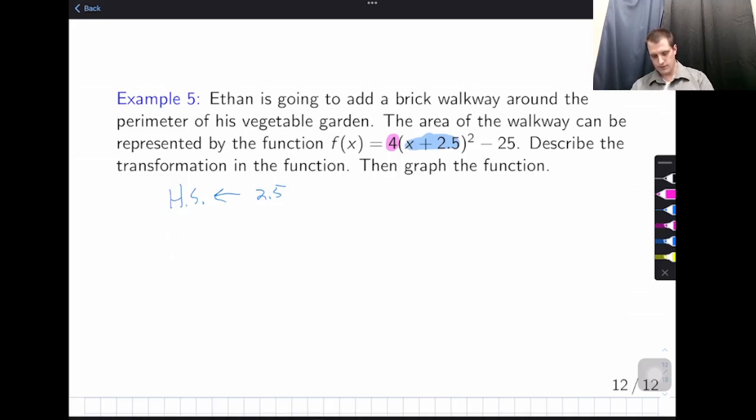This one I'm actually going to write out. By 4. And then lastly, we're going to have, which I guess I'll do in yellow, this vertical shift down by 25.